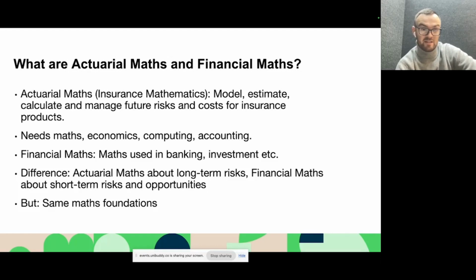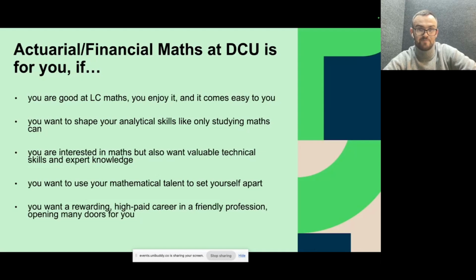Versus actuary, which is looking 30 years into the future rather than the past, and predicting the trends with inflation and discount rates, so that you're taking in all the external factors and still trying to take the present value. So discounting it back to the current time: is it going to be profitable, and stuff like that. Both require a lot of maths foundations and a lot of modeling techniques that you learn through college.